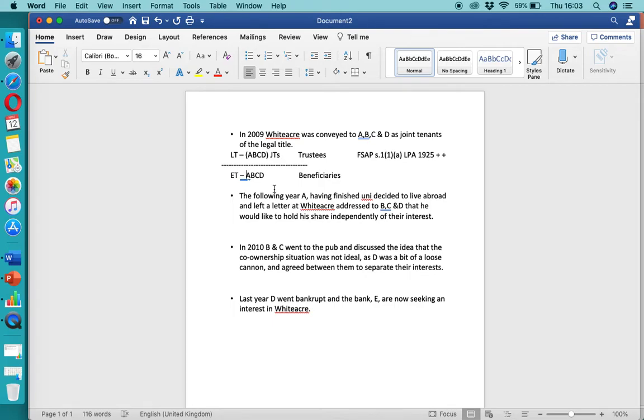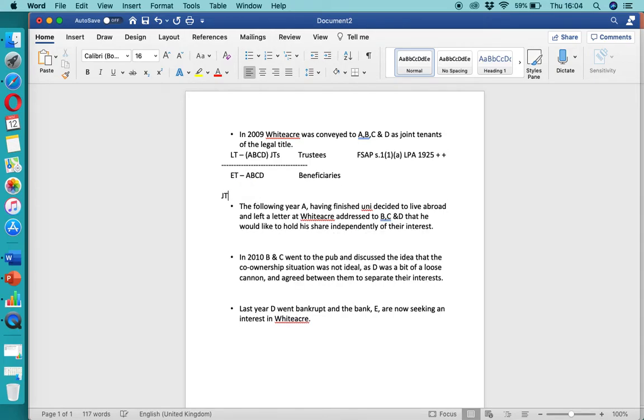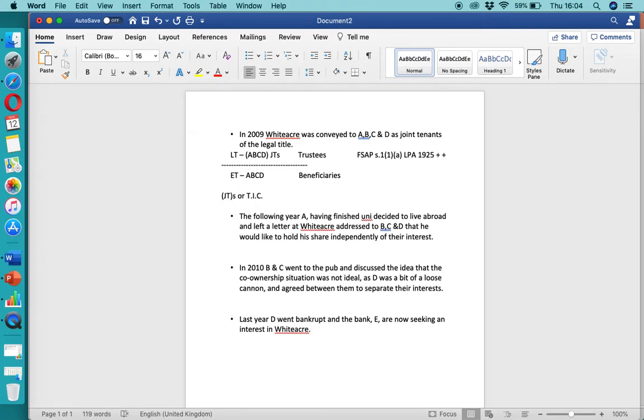In equity then, we could look at it and consider whether they are joint tenants or tenants in common in equity. Joint tenants being in the brackets and tenants in common being severable and separate for their own specific share. The way of dealing with that would be to consider whether there were words of severance used at the outset, and that you had case law for that in the previous lecture.